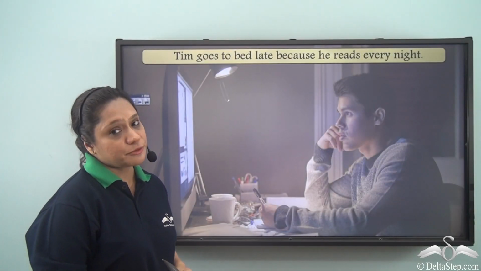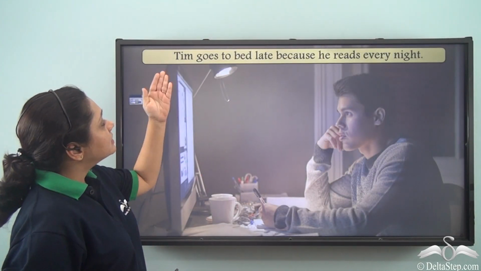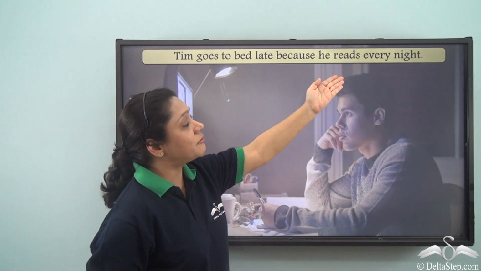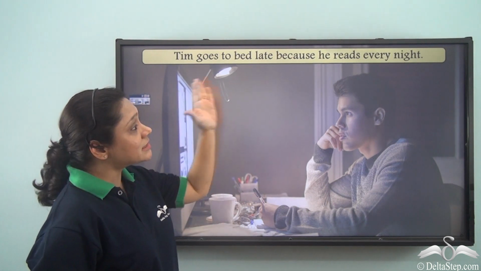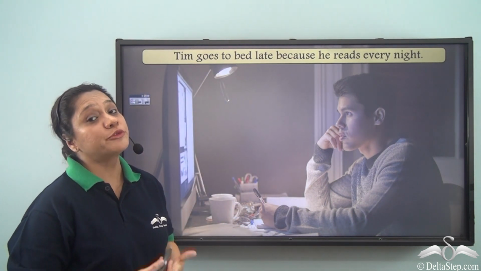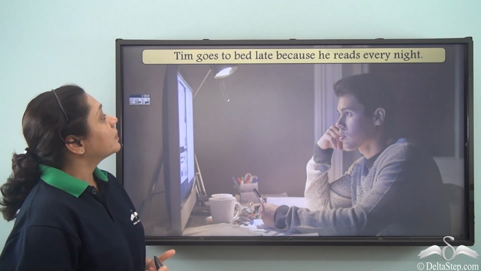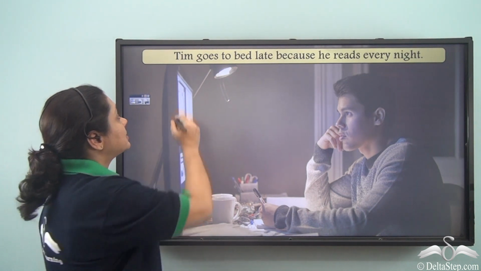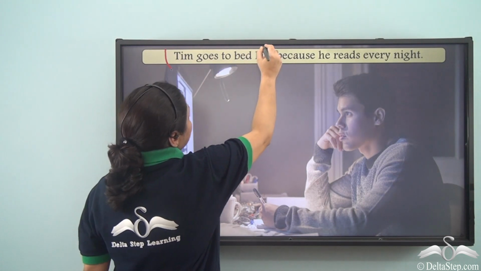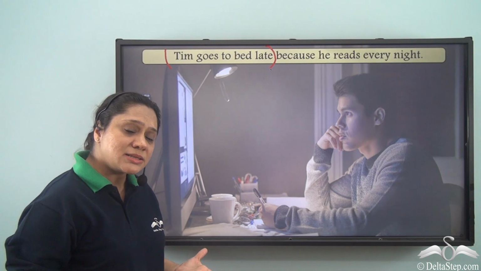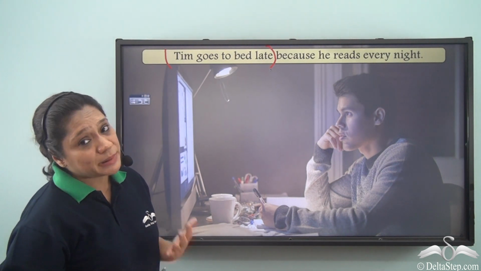Now let us look at a few examples. "Tim goes to bed late because he reads every night." Now this sentence is made up of two clauses. Let us try to identify them. So the first part of the sentence, "Tim goes to bed late," can stand alone as a sentence and it makes complete sense.